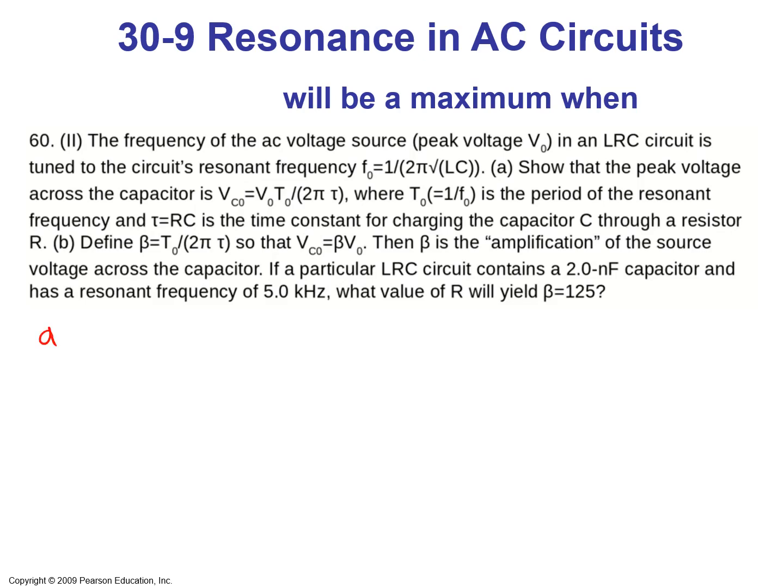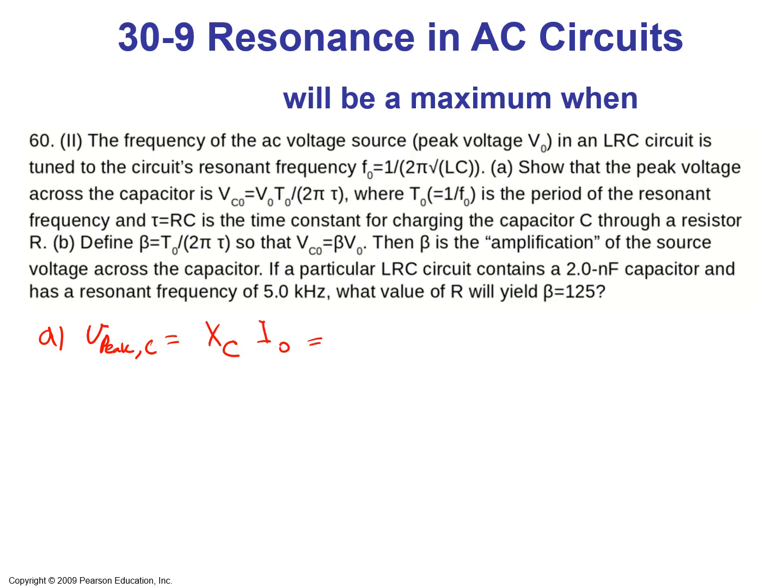For part A, the peak voltage across the capacitor is the peak current multiplied by the capacitive reactance. So we say XC multiplied by I0, the peak current. Let's plug in the values.